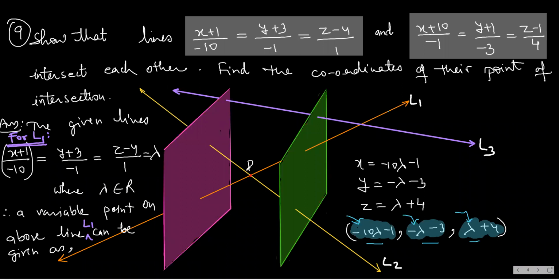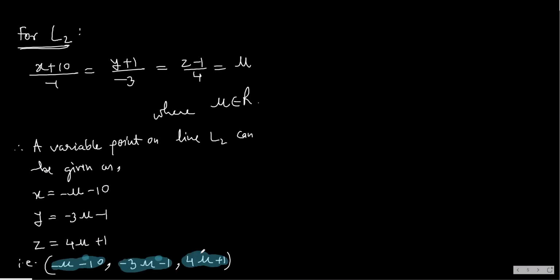But what we understand is that point P is a single point. So the coordinates of P will be unique. Whether I find the coordinates of P with the help of lambda or with the help of mu, the coordinates will be unique.